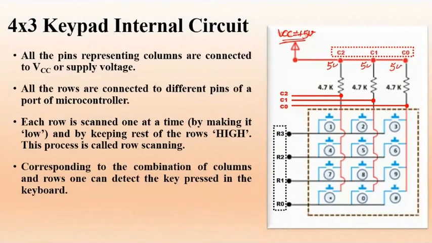Now this is column number 0, column number 1, column number 2. Now R3, R2, R1, R0 are connected to the pins of the ports. Whichever pin of the port you are trying to detect, first of all you will provide 5 volt here, that means high, high, high here. So what is going to happen in that case?